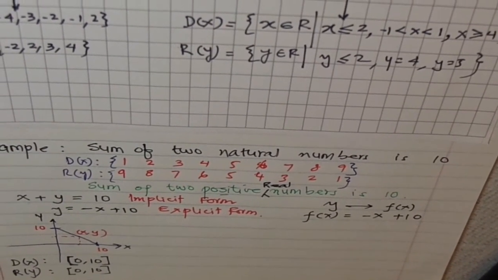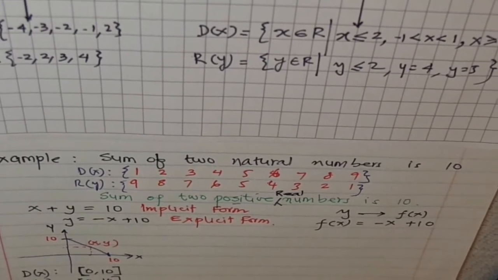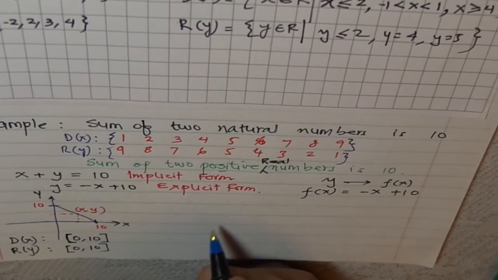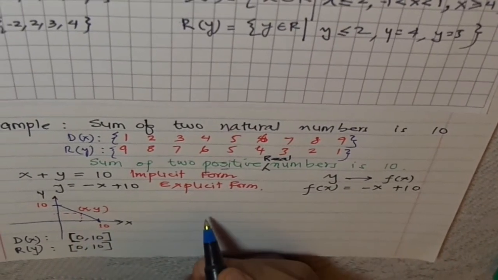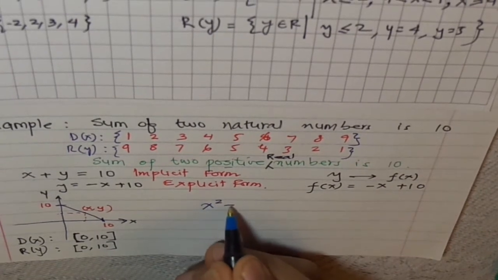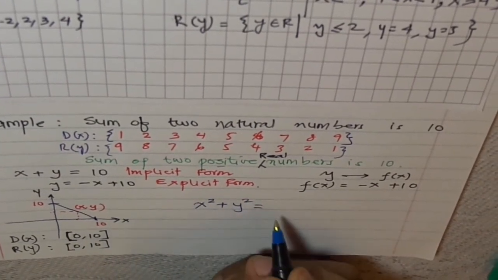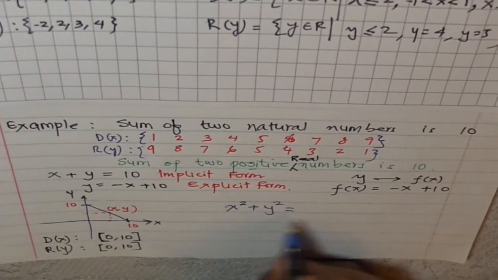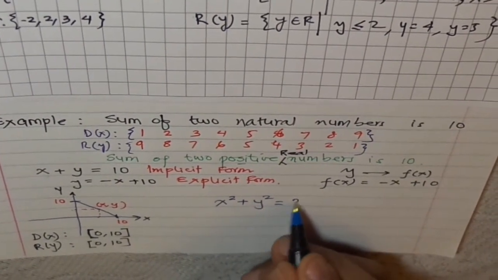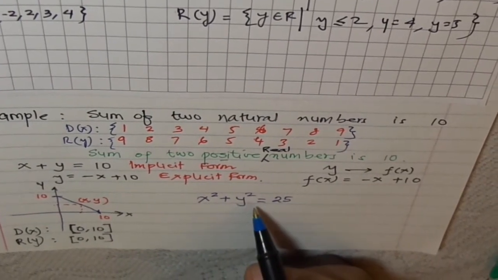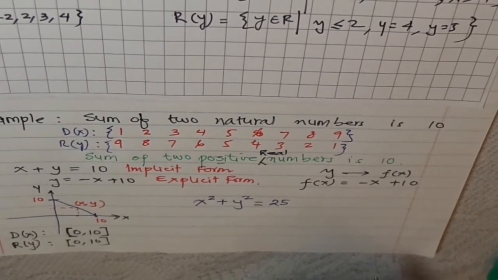Now, we will see some more equations. Rather, today we'll close here with the last example of a circle. Let's say the equation of a circle, as you know, is x square plus y square equals r square. Let's take radius of 5. In that case, x square plus y square is 25. Correct? Let's try to write this in explicit form.